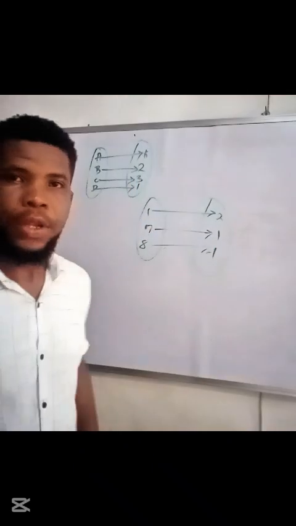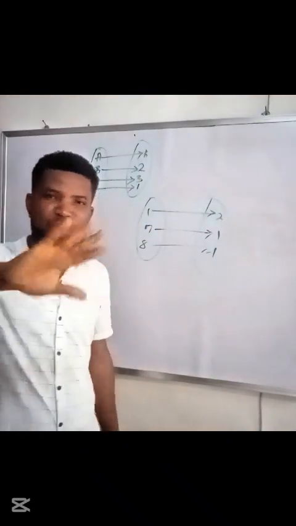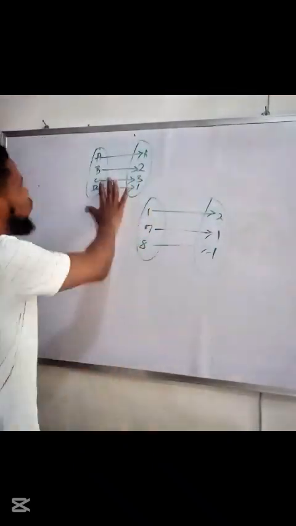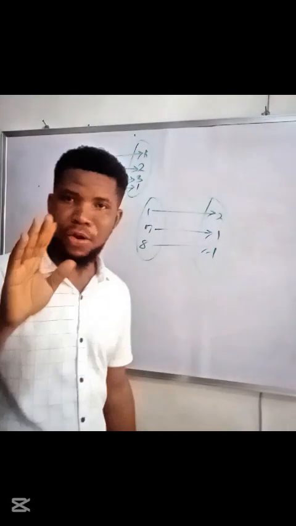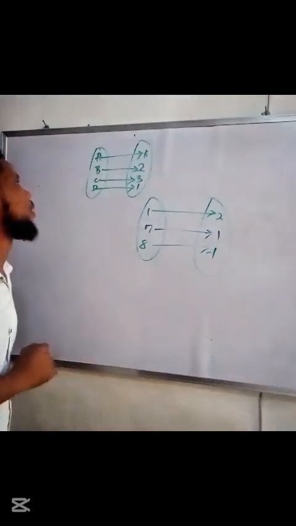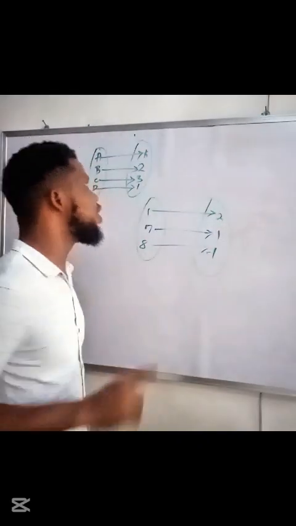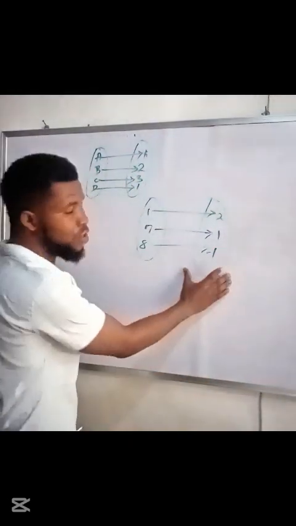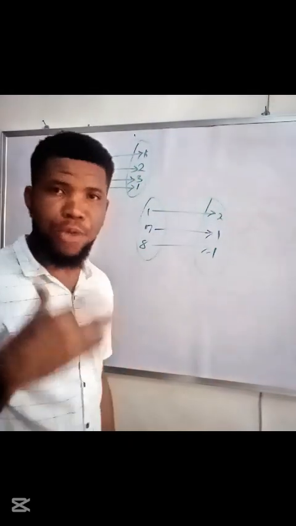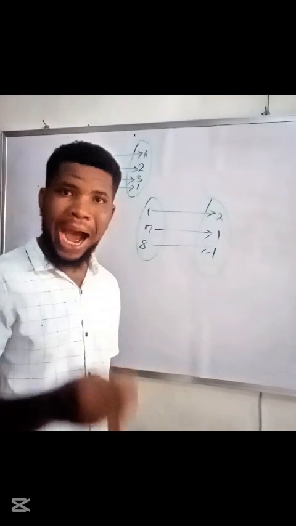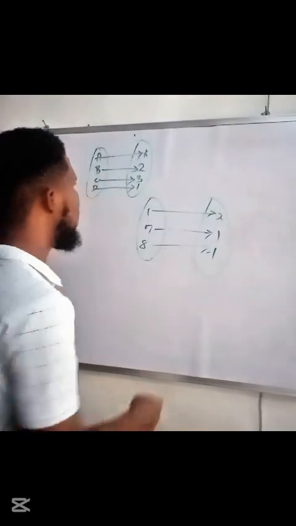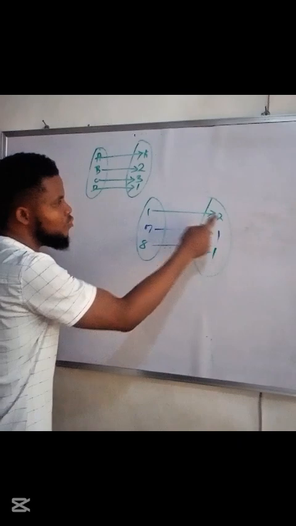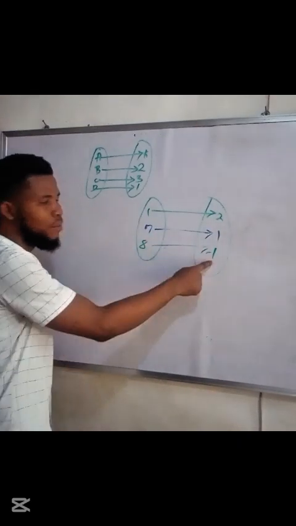So now, the question is, what is a real valued function? I have 2 functions here now. A real valued function is one where the codomain, remember, this is the codomain, the output will be a real number. Okay? The output will be what? A real number. You can see in this one we have real numbers: 1 gives you 2, 7 gives you 1, 8 gives you minus 1.